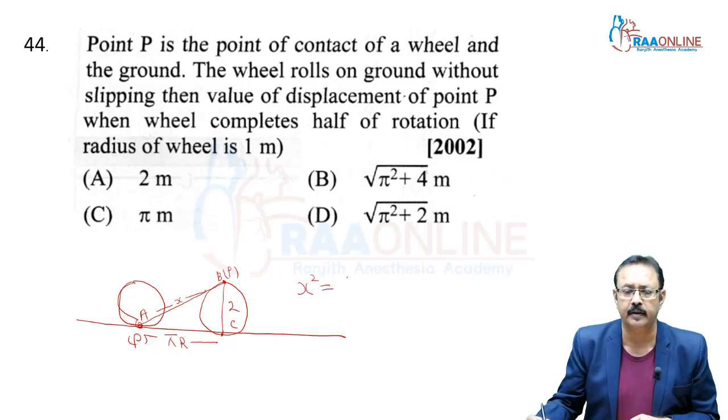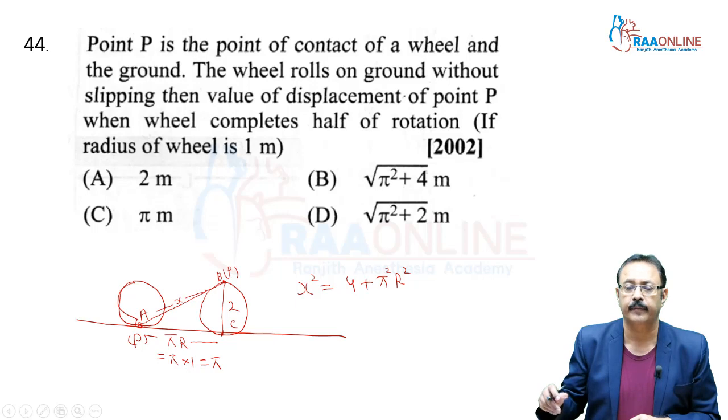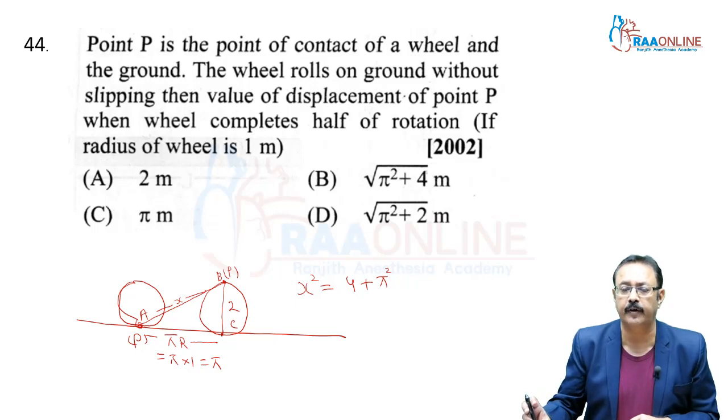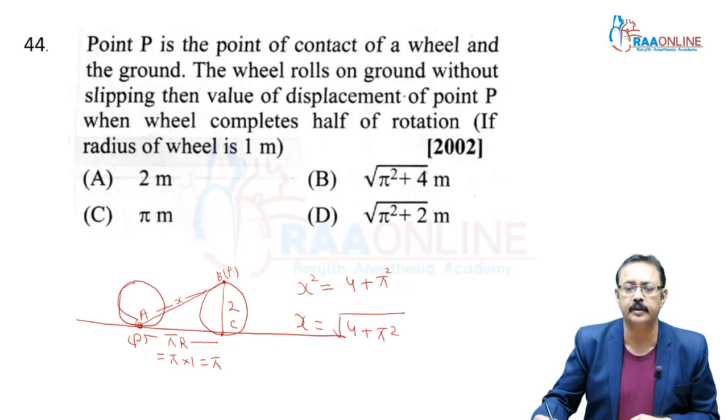X square is 4 plus pi square r square. R is 1, so r square will become 1. So what is x? Displacement is root of 4 plus pi square. So going with B.